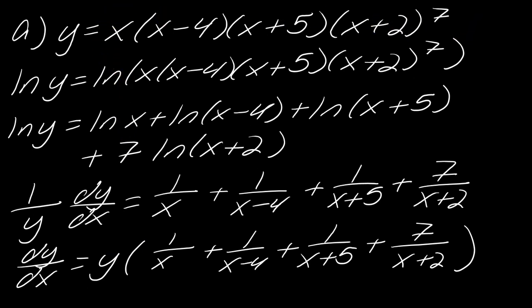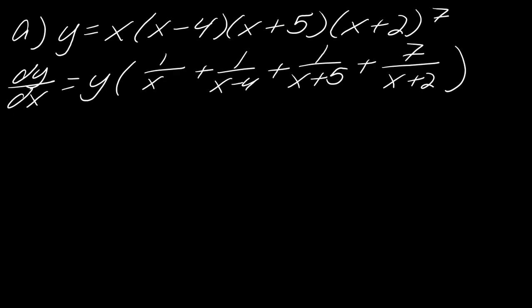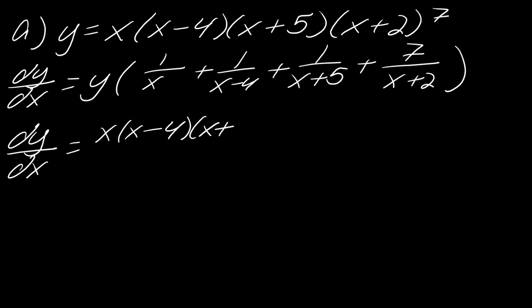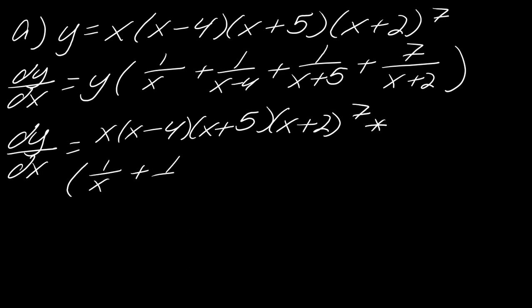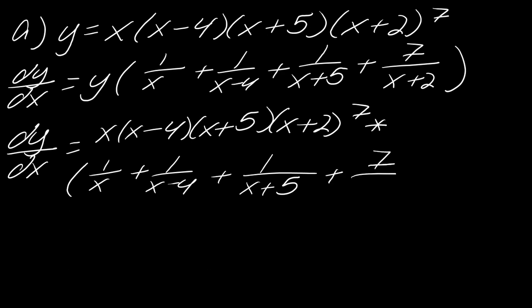So if I clear a little space, now I can restate this one last time as dy dx equals x times x minus 4 times x plus 5 times x plus 2 to the 7th, all of that times 1 over x plus 1 over x minus 4 plus 1 over x plus 5 plus 7 over x plus 2. And you could probably keep simplifying with that if you wanted to, but we'll call that good.